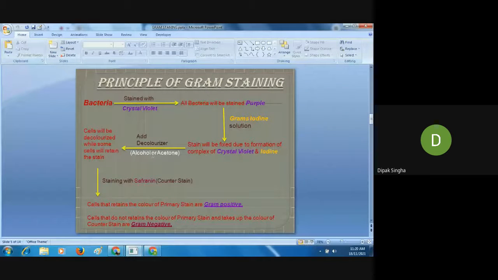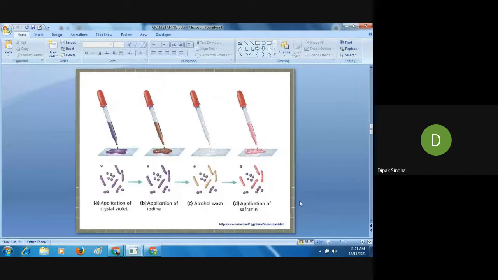Another very important one: iodine is called the mordant, so note that down. Next slide, we go through the procedure. The first step: initially crystal violet is added, and all these cells are violet in color. Clear? Next, you add the application of iodine.